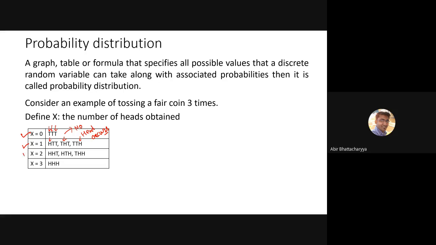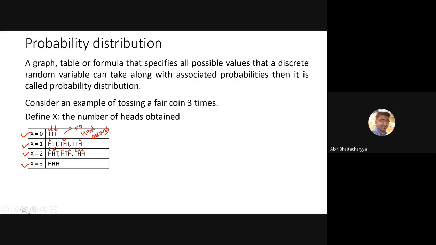X can be 2 also, that is 2 heads. Two heads are also possible in three ways: HHT, HTH, and THH. And the last one is 3 heads. 3 heads is a very rare condition. It will occur in only one possibility, that is HHH.